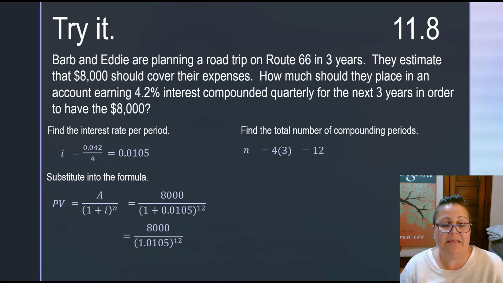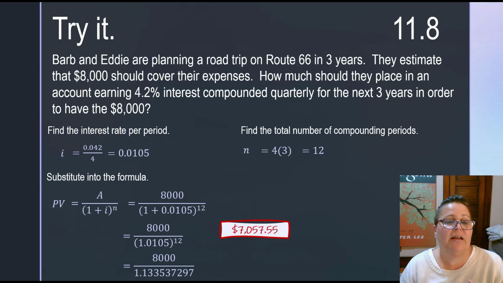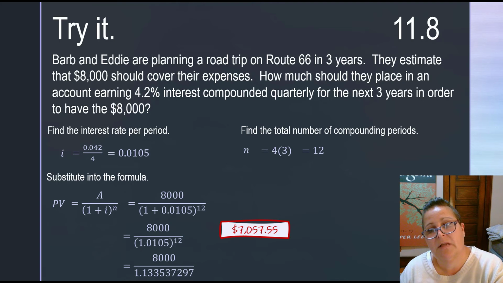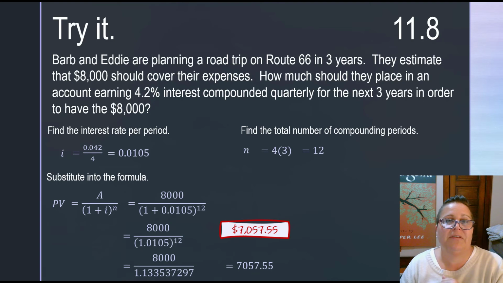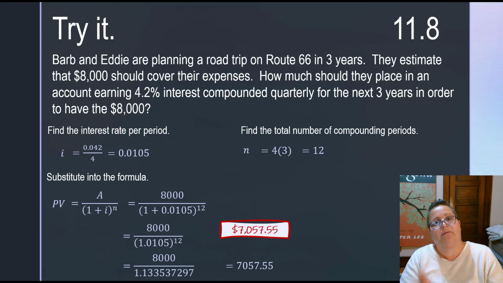So this becomes 8,000 divided by 1.0105 to the 12th power, or 8,000 divided by 1.133537297. This turns out to be $7,057.55. So in this particular problem, the amount of interest that they're earning is not quite $1,000.